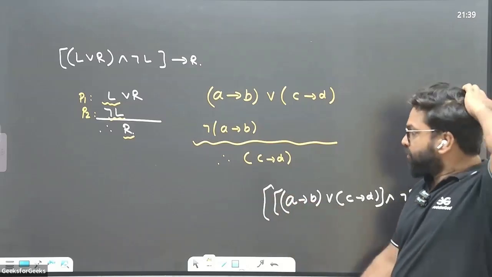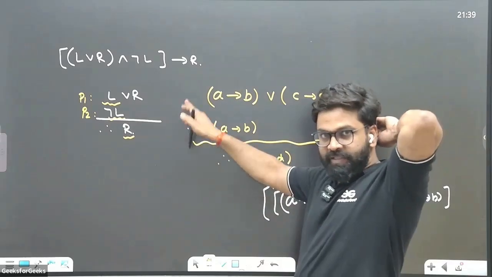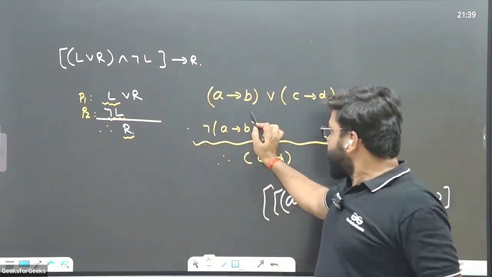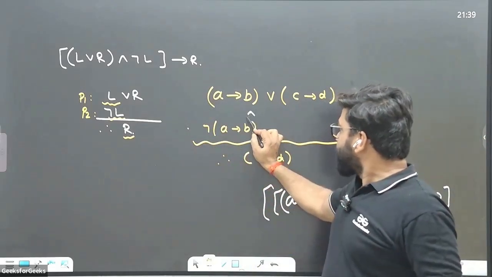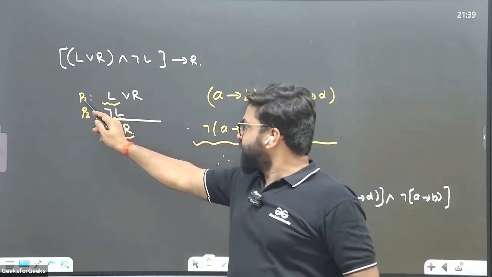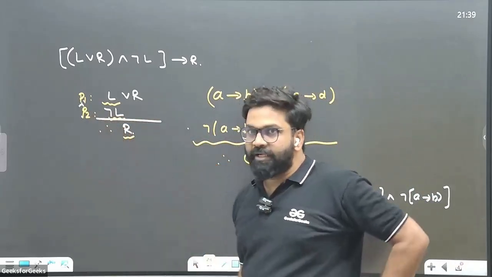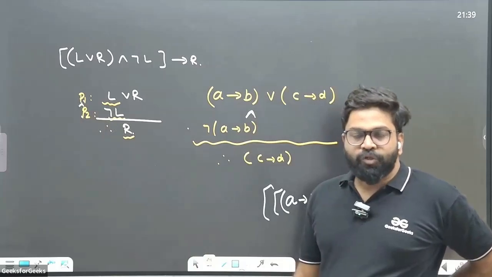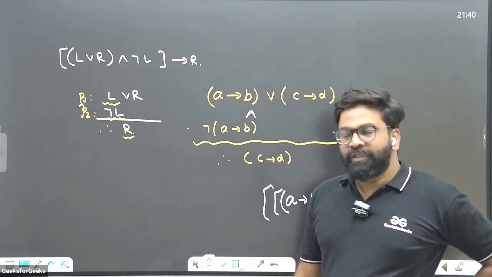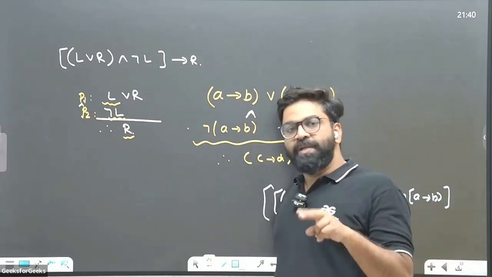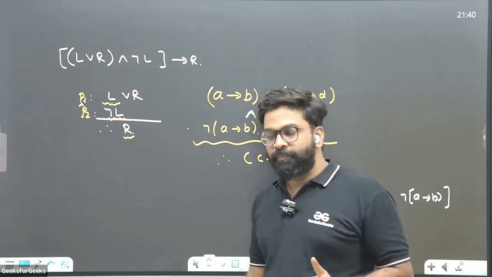See, there is no order. You can consider this as the first premise or the second premise, because there is an and condition in between. Do not think it is an or condition. There will always be an and condition between two premises.